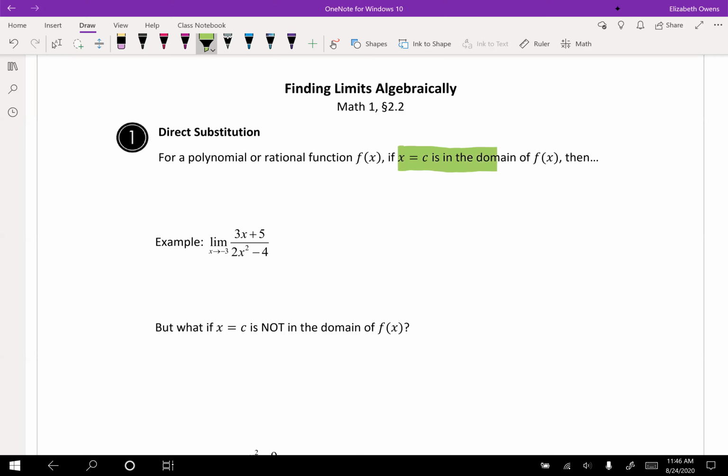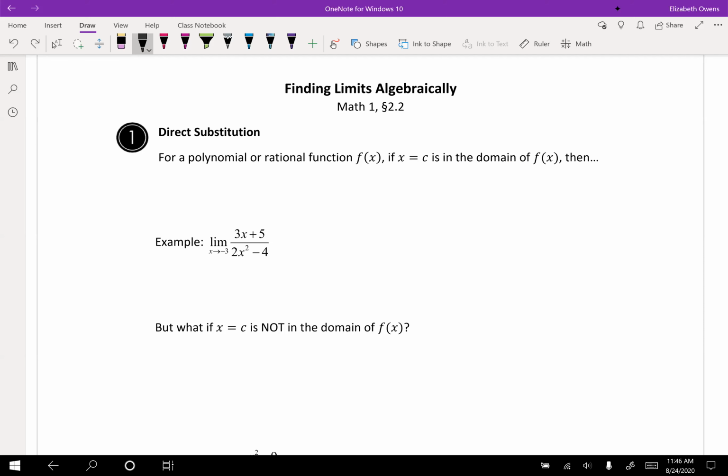X equals c being in the domain of f of x means that our function is not undefined at x equals c. There is actually a value associated with that. We're looking at our polynomial or rational function here. We can plug in x equals c because it is in the domain.